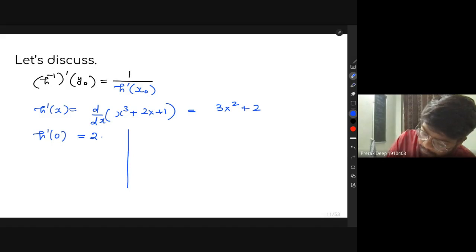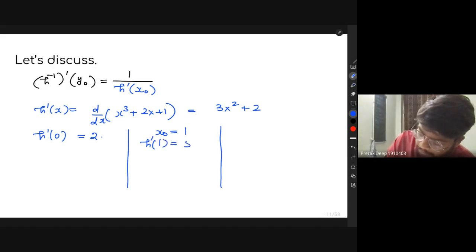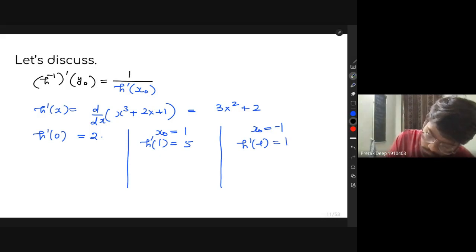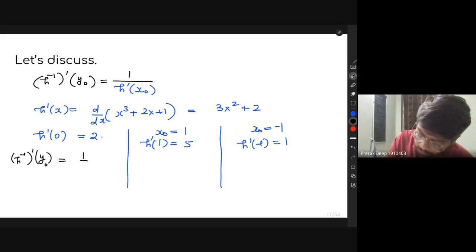If you evaluate at x naught equal to 1, you get 5, and if you evaluate at x naught equal to minus 1, you get 5. So the derivative of h inverse will be 1 over 2 in the first case, 1 over 5 in the second case.